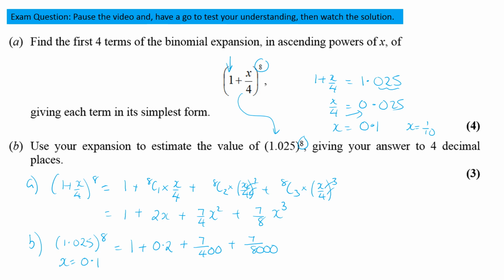So if you add all of those up, they all come to 1.218375. Now it's asking you to give an estimate up to 4 decimal places.